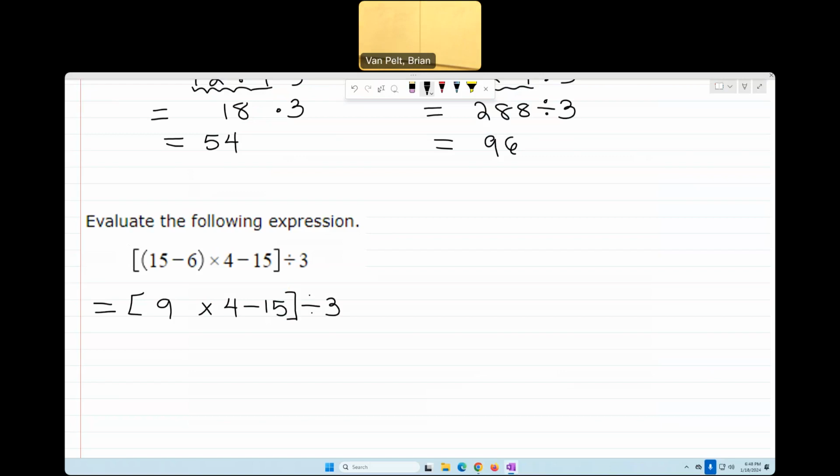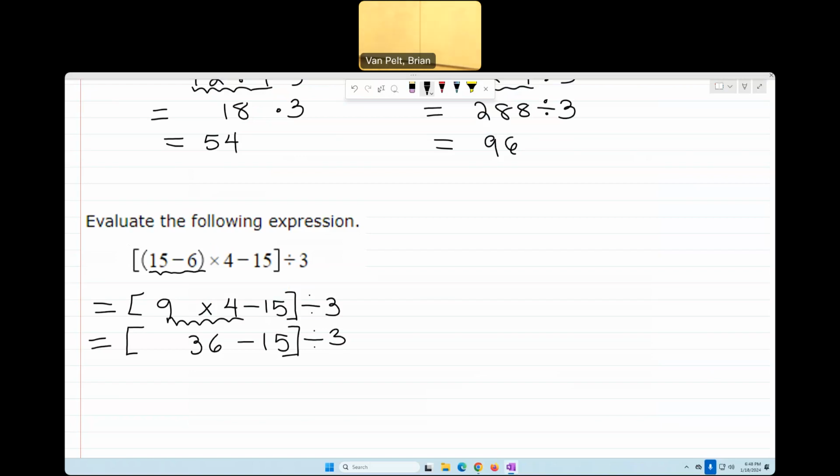Can you tell me what the next step is? 9 times 4. So my first step was just this portion. Now my next step is just this portion right here. That's 36. Everything else is copied down.